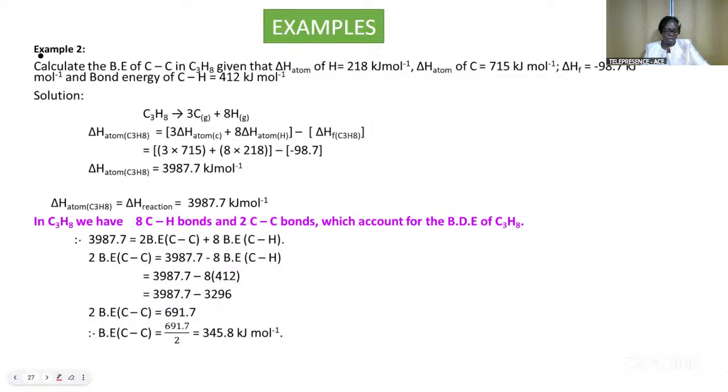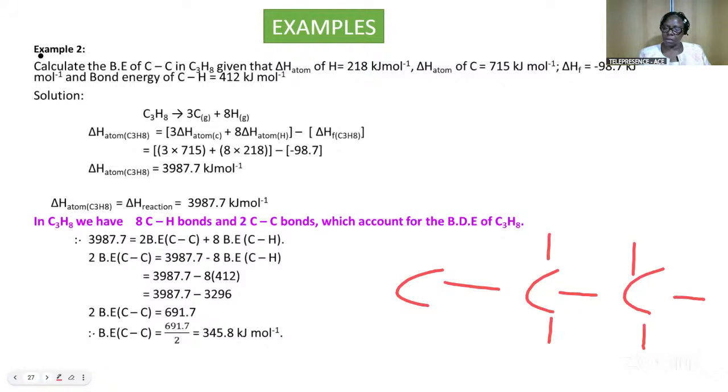Also, I gave you this question, which we solved, where I said you should calculate the bond energy of the carbon-carbon single bond in C3H8. You will recall that I gave you the structure of C3H8 to allow you see the configuration and determine the number of bonds.